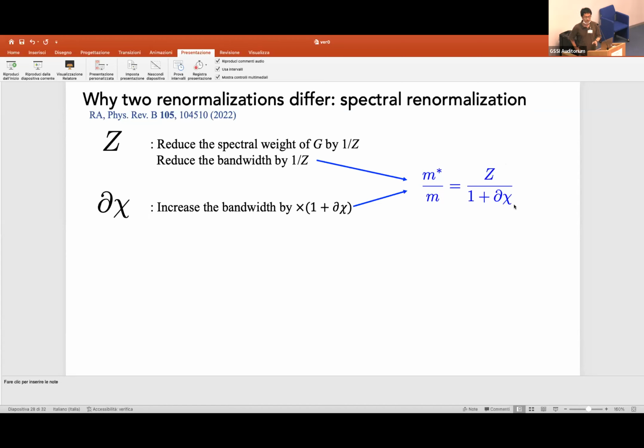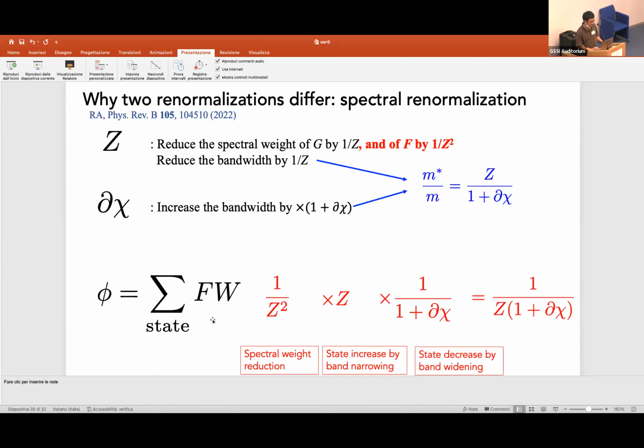And on the other hand, how about the pairing? For that, we remember that with z, we normalize the anomalous Green's function by a different factor, 1 over z squared. And remember that the anomalous self-energy equation has the form of a state summation with respect to the product of the anomalous Green's function and the interaction. So from these formulas, we can evaluate how the summation is renormalized.